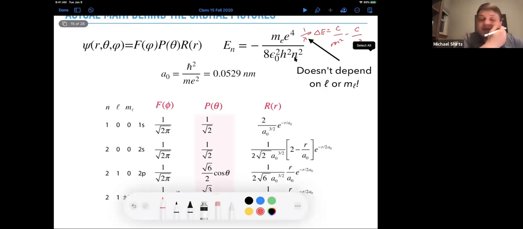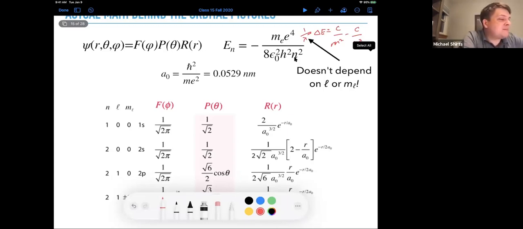A couple other constants here. This a0 is h bar squared, where h bar is Planck's constant divided by 2π, divided by the mass of the electron times the electron charge squared. It turns out that has units of distance if you take a look at it.